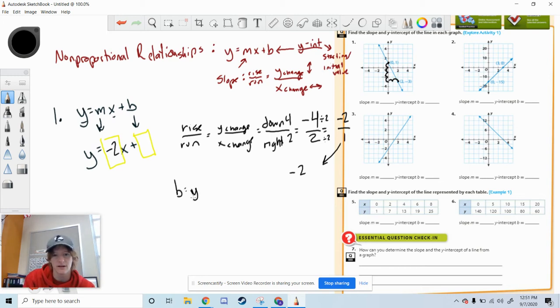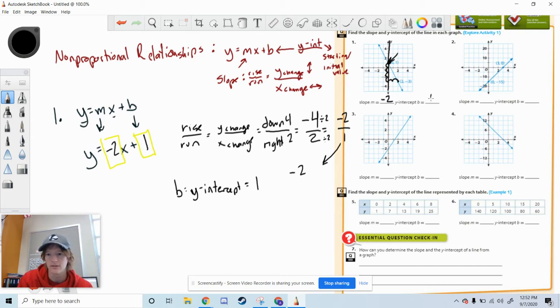And then we need to find out what b is. B is our y-intercept. And this line crosses the y-axis at 1. We can see it right there. Our line crosses precisely at 1. So that's literally it. That's our line. Our slope was negative 2.